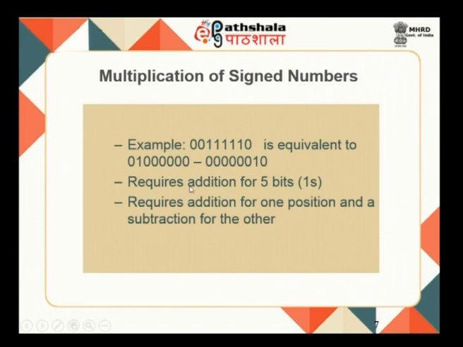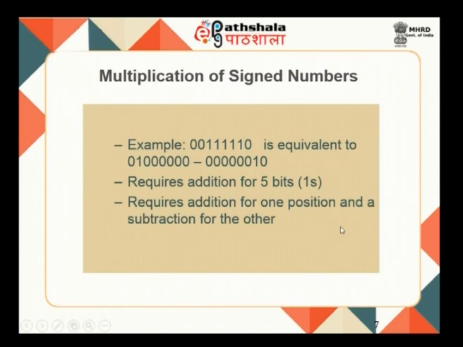This requires addition for 5 bits, because you have 5 ones here, so you will have to form the partial products for these 5 ones and add all of them. In this case, you just have one addition operation and one subtraction operation to be done. So, you have reduced the number of operations that will have to be done.